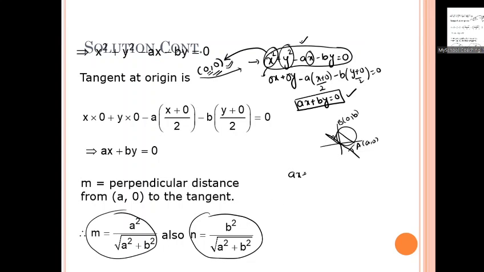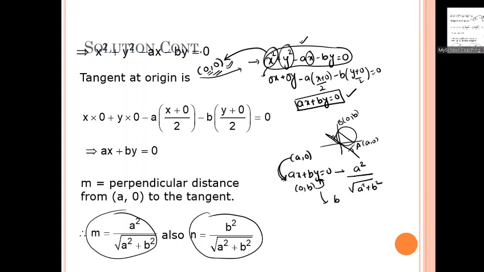So ax plus by equal to 0. What is the distance from (a, 0)? You have to substitute this point on this line. So you're getting a square by root of a square plus b square, right? So from (0, b), you have to substitute the point.